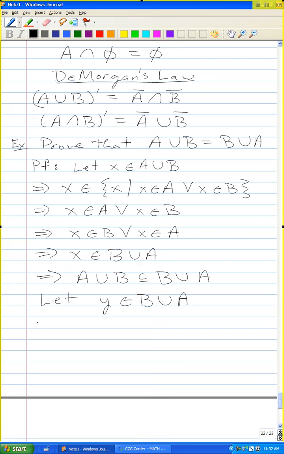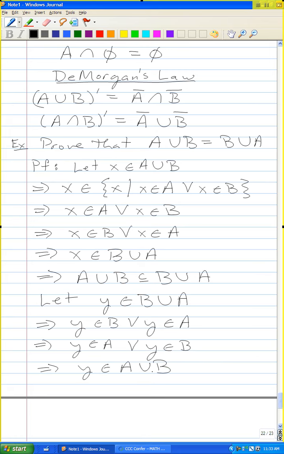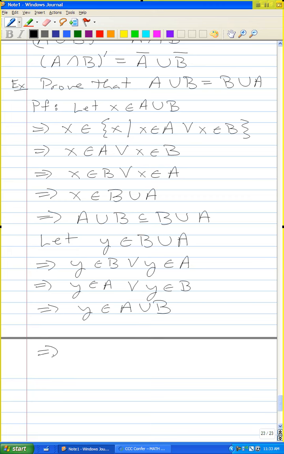Then Y is a member of B, or Y is a member of A. So Y is a member of A, or Y is a member of B. Therefore, Y is a member of A union B, which implies that B union A is a subset of A union B. And so since A union B is a subset of B union A, and B union A is a subset of A union B, then A union B is the same as B union A, and you are done.